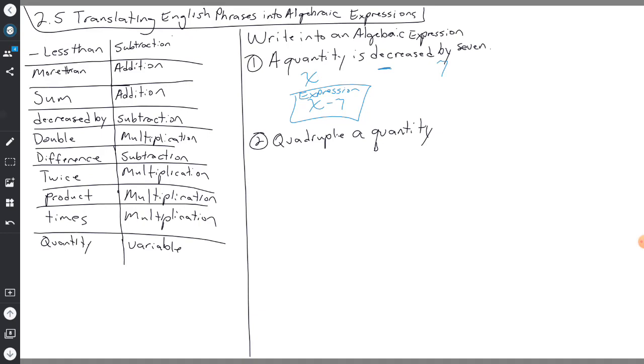So quadruple, 4, right? So quadruple a quantity, X, right. So this is our expression for that.